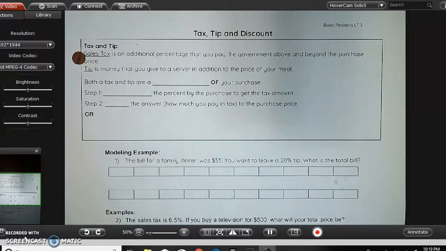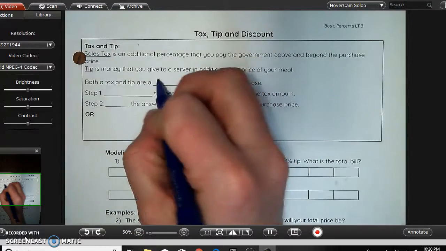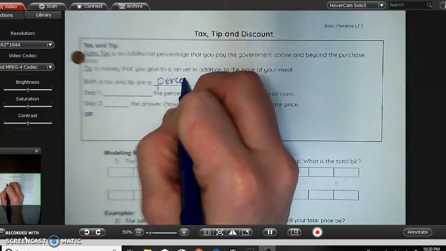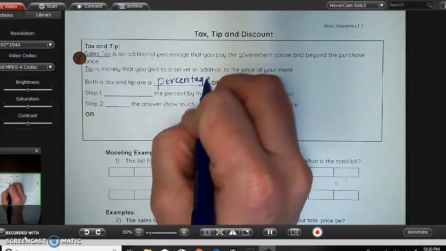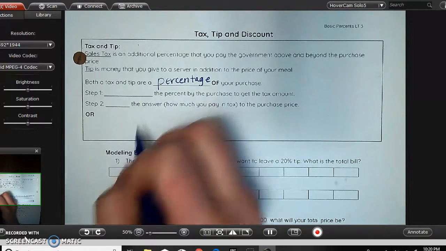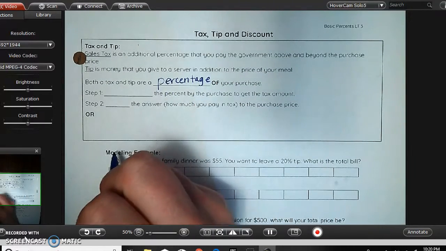And so if you want to find your total with a tax or a tip on it, you need to find that percent and then add it on to the bill that you already have. So both a tax and a tip are a percentage of your purchase. And I'll do an example down here in a second.